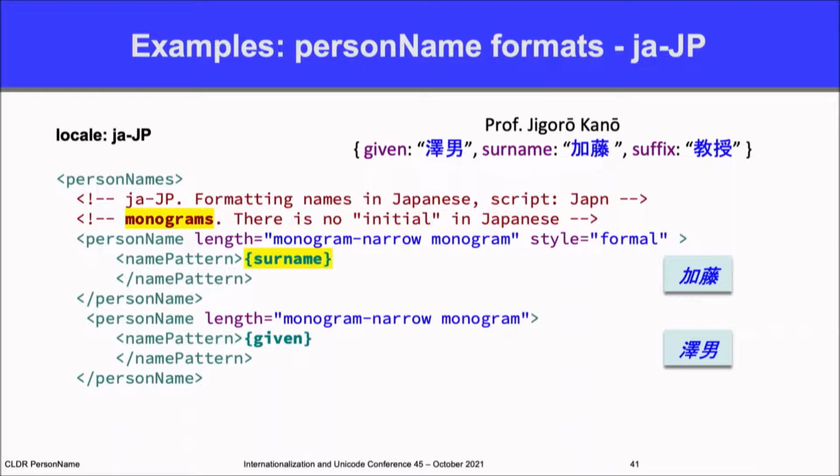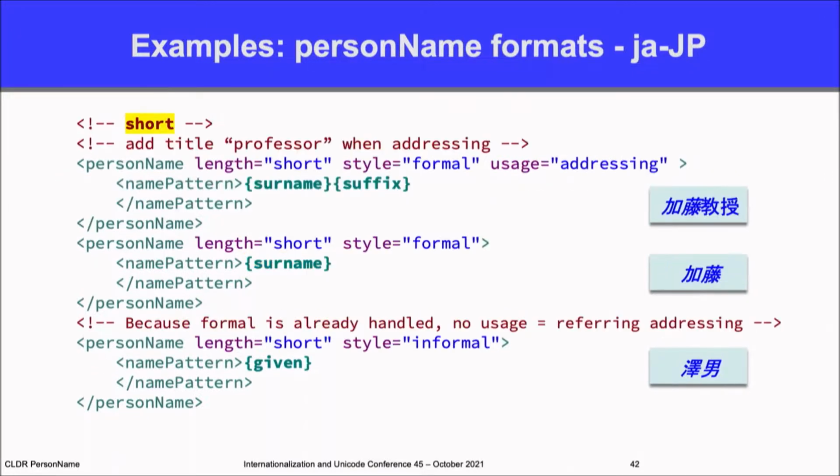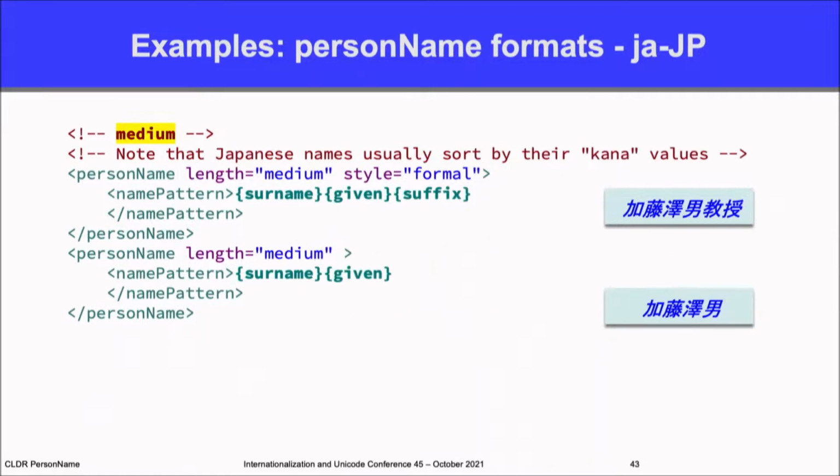So the monogram, we show how you might have formal with the surname. Informal might be just the given name. And here's short name, giving just the surname plus the suffix is the top one, and then examples of formal and informal.